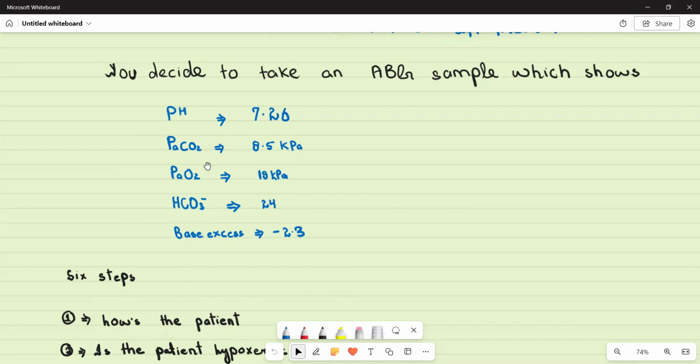So the first question is how is the patient clinically, and the next step is directly about hypoxemia. Okay, so here her partial pressure of oxygen is 18 kilopascal. And if you remember, the normal partial pressure of oxygen in a normal average person is 11 kilopascal. So is this patient hypoxemic? No, because her partial pressure of oxygen is above normal. But this person was on 90% oxygen. Do you remember?